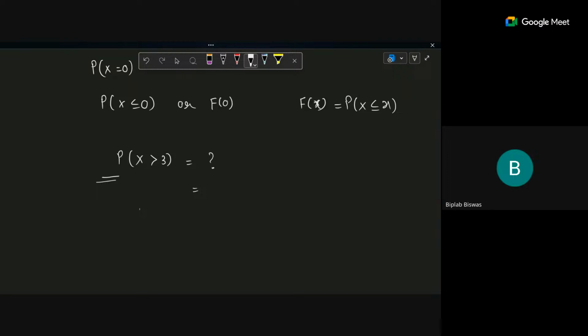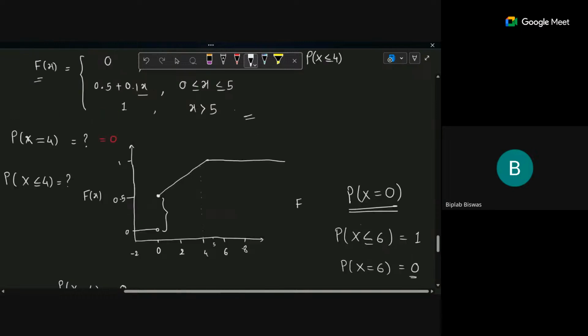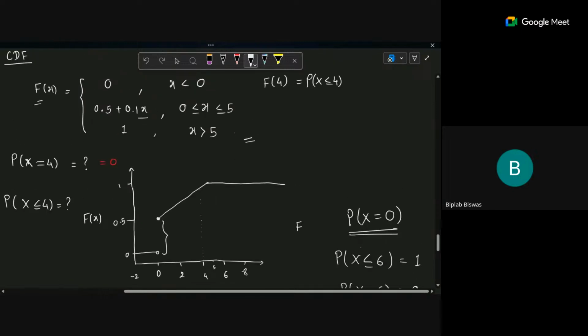Can you please go back to the graph again? X is greater than 3. Okay, some topics I will not be able to cover today, but in the doubt session we will start with that. Point 2.